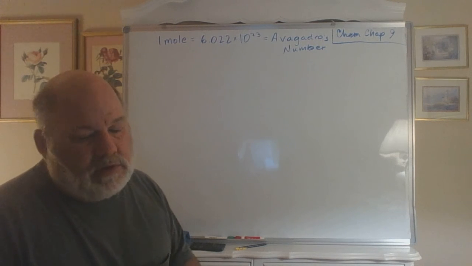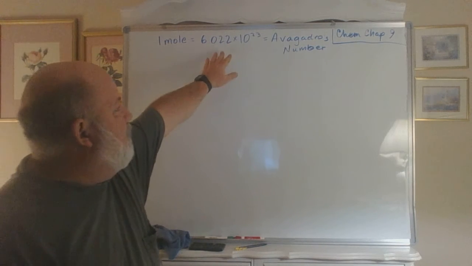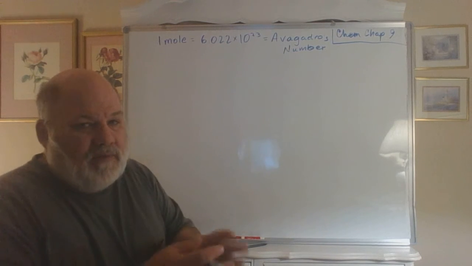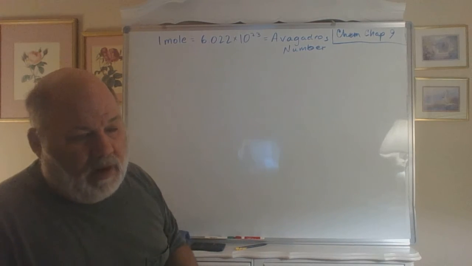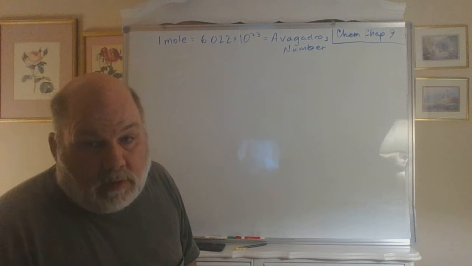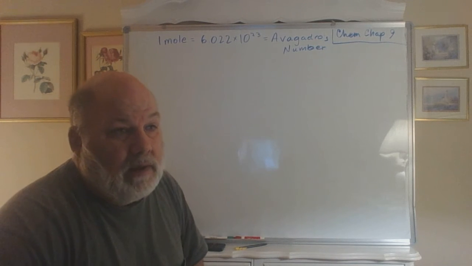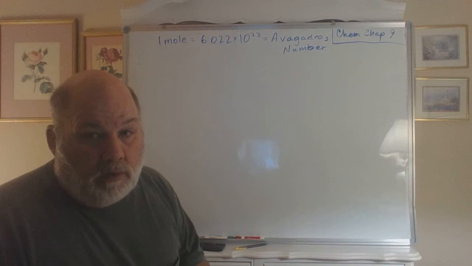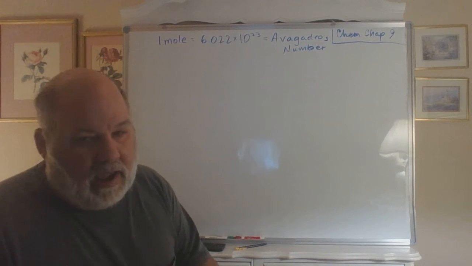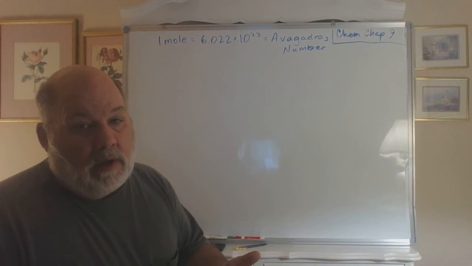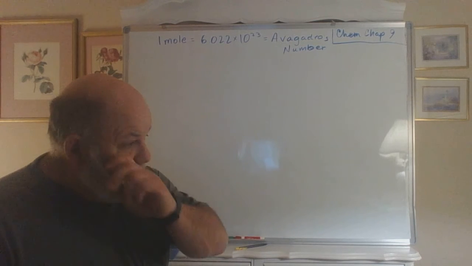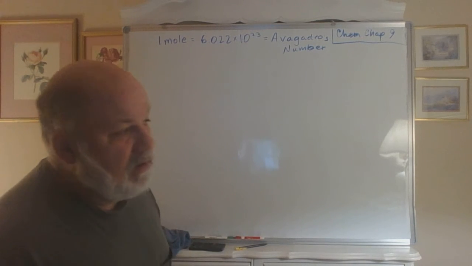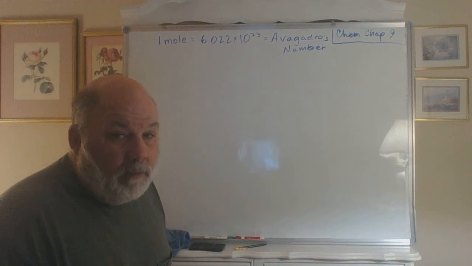Atoms are so small that if you had this many of them, it would fill up just a small area of whatever it is you were measuring. Okay, and we're going to be counting moles, or counting atoms and molecules and formula units and things like that of each of the different elements and compounds.